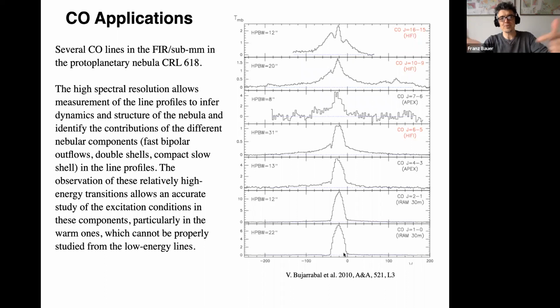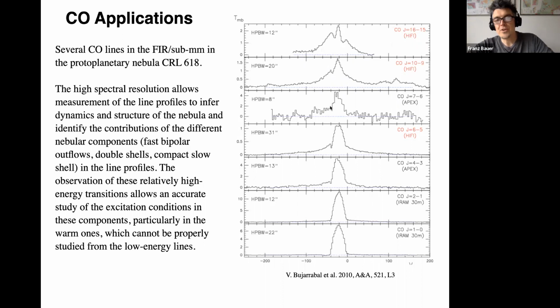As you go deeper in, you get to gas which is maybe more rotationally dynamic. The higher transitions, which are probing the central portions where things are a little bit hotter, have broader lines. So these are probing the internal portion of this protoplanetary nebula in this particular case.